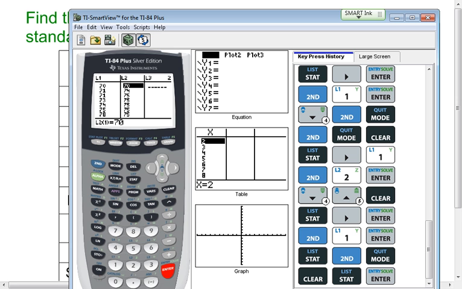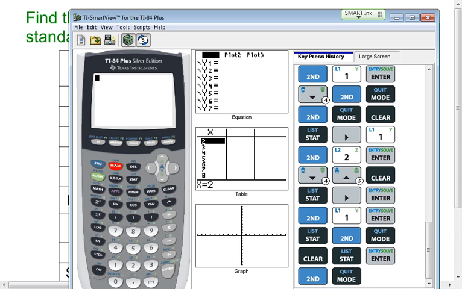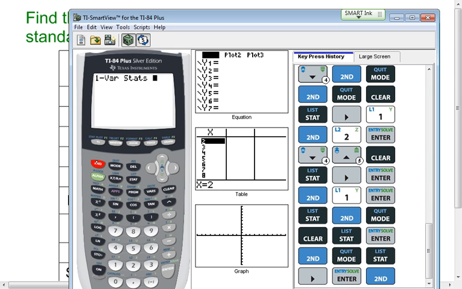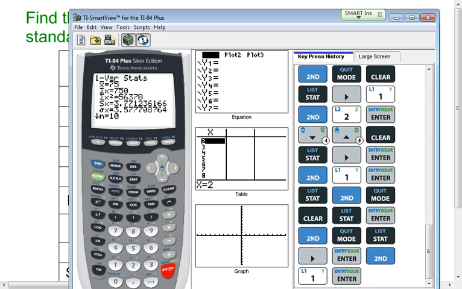Just a reminder that to do this, first of all, we'll find the 5-number summary and the mean. Those will all be on one screen. So I'm going to quit out of here, and then I'm going to go to Stat, and go over to Calculate. First of all, I'm going to hit number 1, and I'm going to do list 1, which is the Dolphins team first.